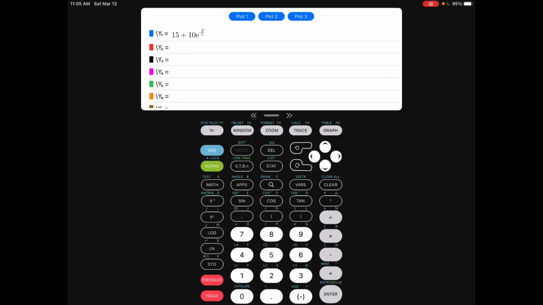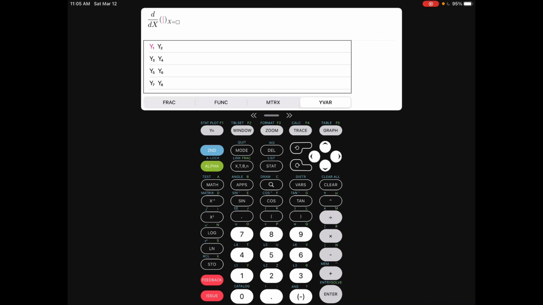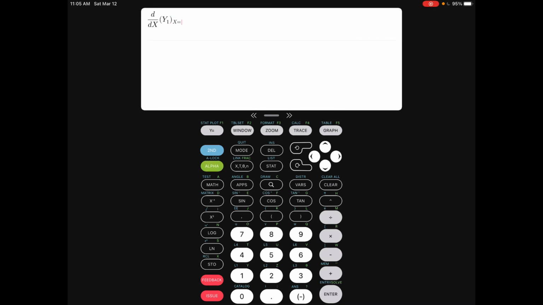And I'm going to quit here, and I'm going to use math. And I go down to n derivative. This is not the only place you could find it, but I want to find the derivative of that function. I just put in y1, so I'll press alpha y1. And I want to find it when x is 20. And it will just work it out for me.